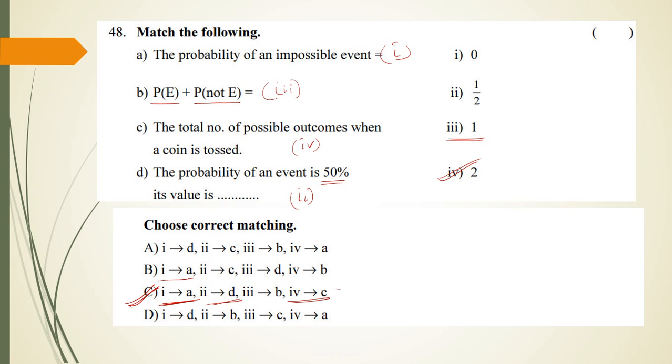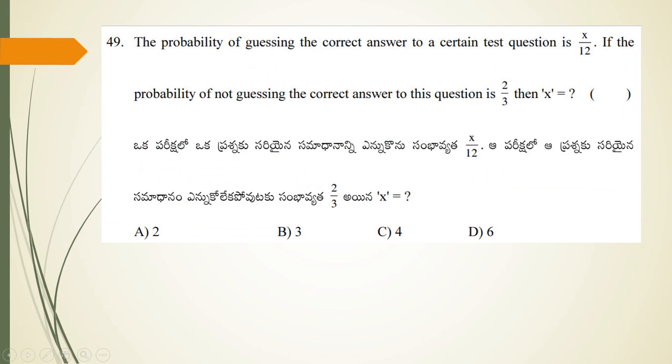Next, moving on to question number 49. The probability of guessing the correct answer to a test question is x by 12. The probability of not guessing the correct answer to this question is 2 by 3. So not guessing the correct answer means P of E bar is equal to 2 by 3. Since we have by 12, if I multiply with 4 and divide with 4, this gives me 8 by 12.